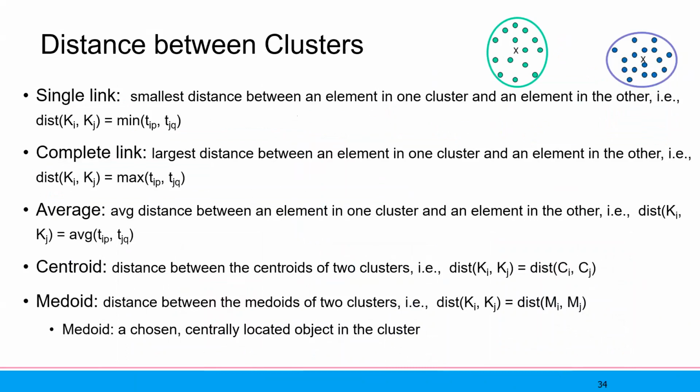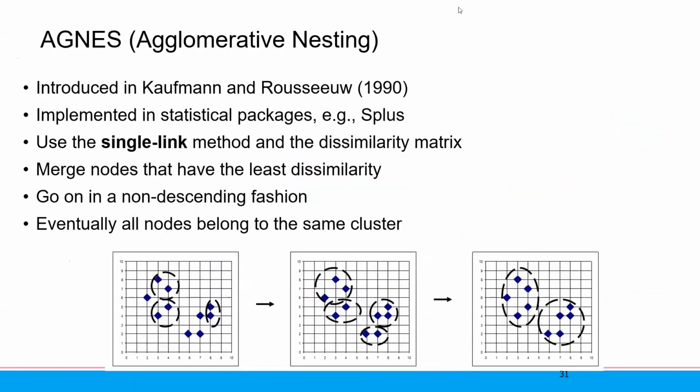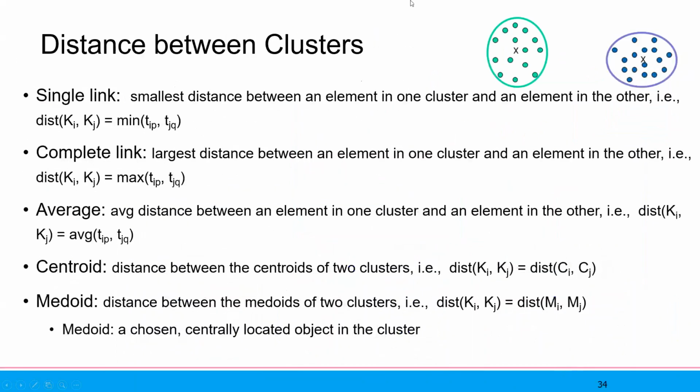There are some distances between clusters. As you know from before, I call it single link. What is the meaning of single link? Agnes uses the single link method. Single link is the smallest distance between an element in one cluster and an element in the other.